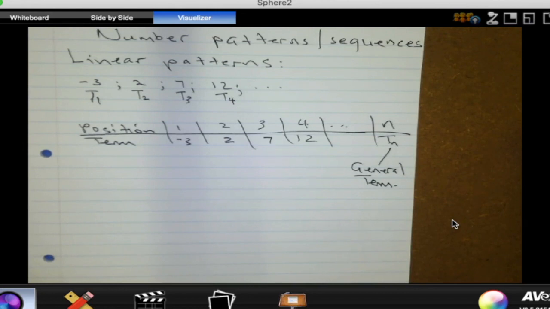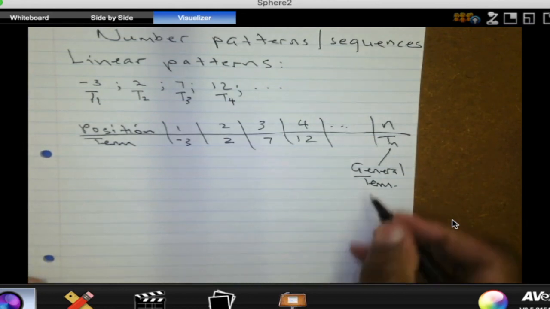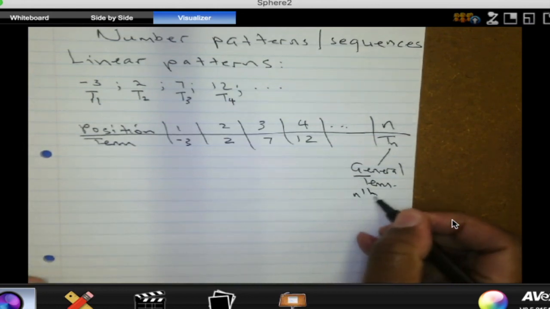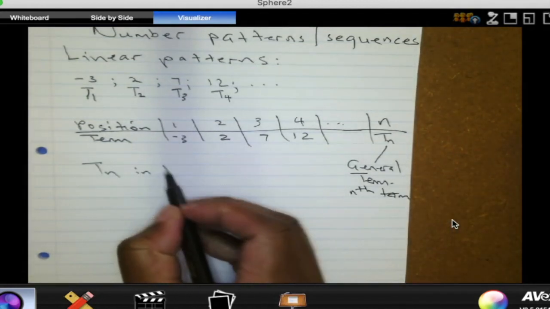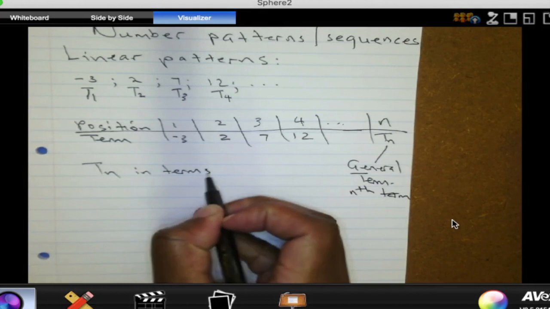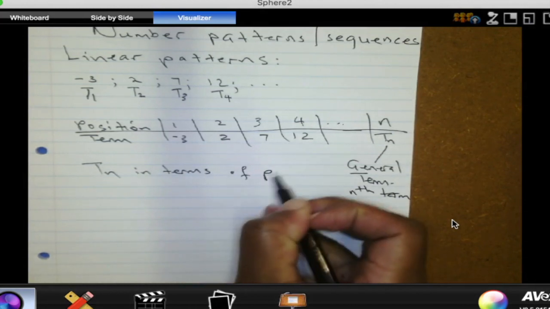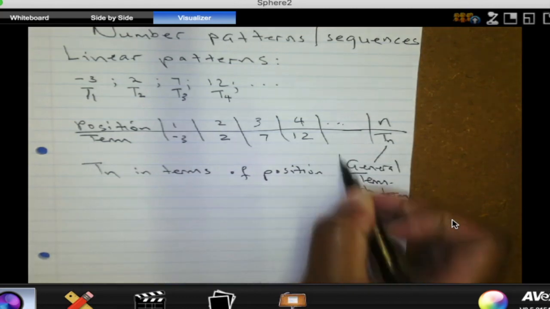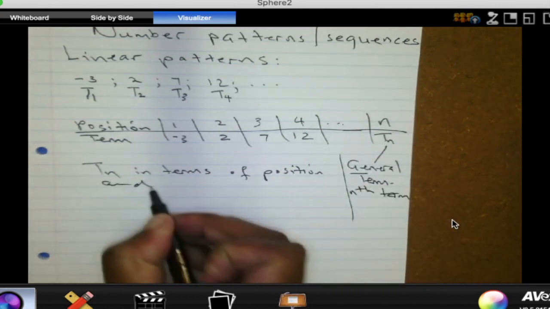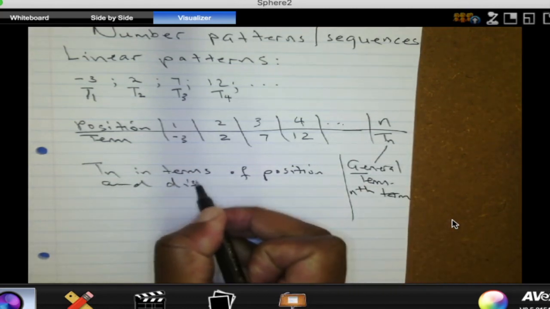You can call it the nth term. So the general term is the nth term. Tn can be given in terms of position and the constant difference.